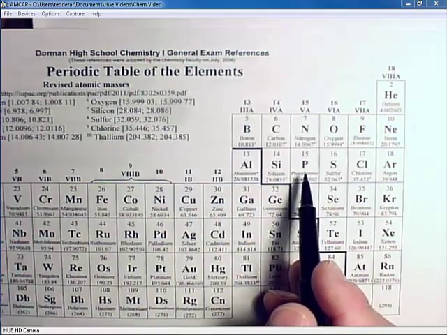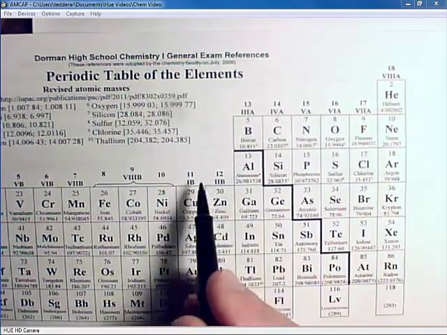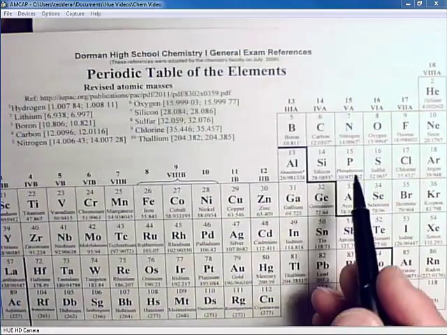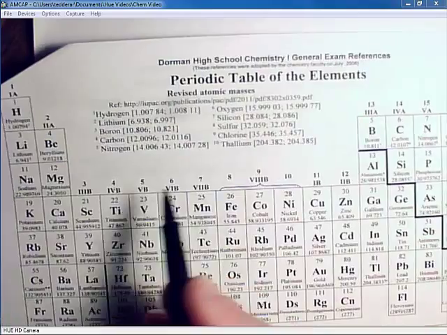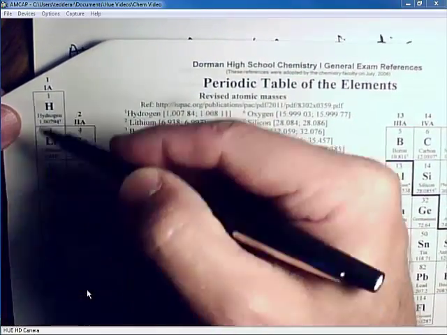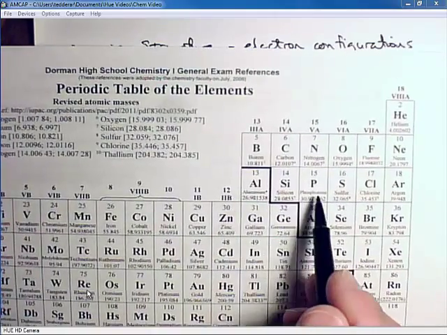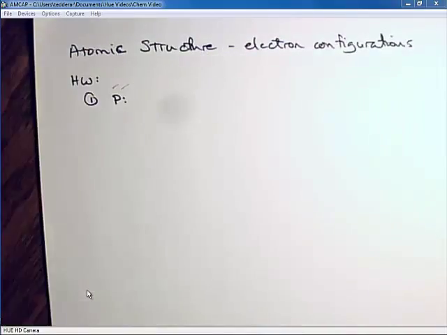Which means we're going to fill up all of the orbitals and primary energy levels before 3, and because P is over here in the P subsection, we'll fill up the S sublevel region, which corresponds to these 2 columns here, and then we'll put 3 electrons in this P sublevel region where phosphorus is located.